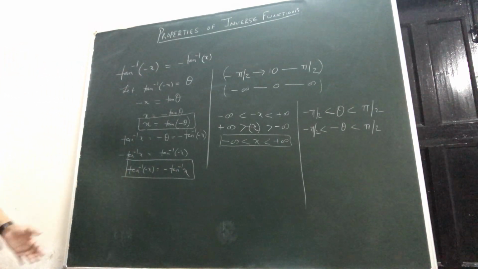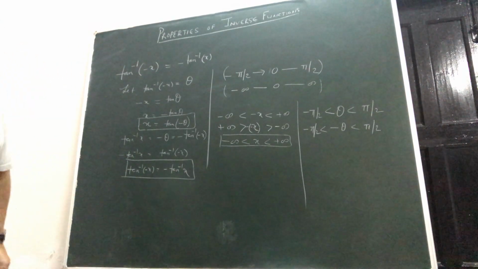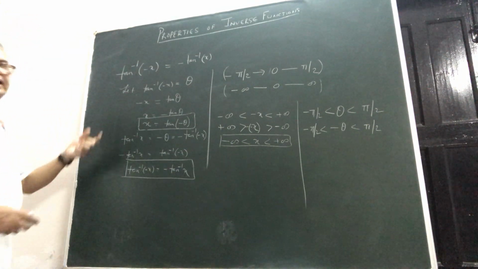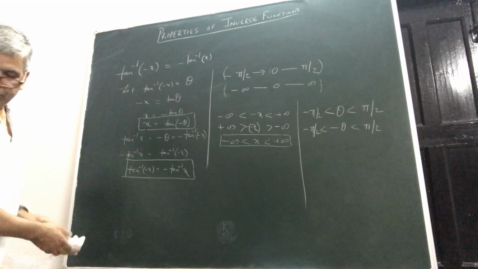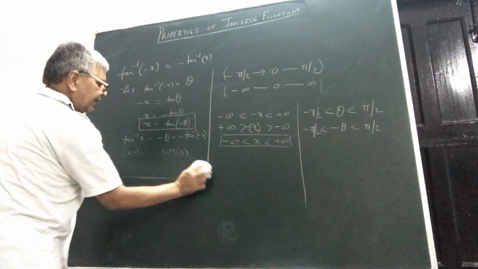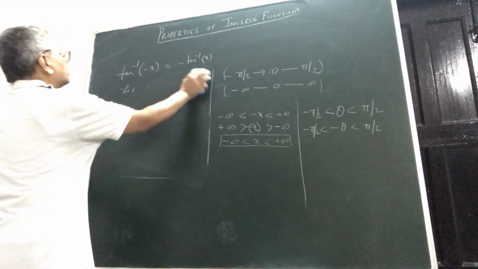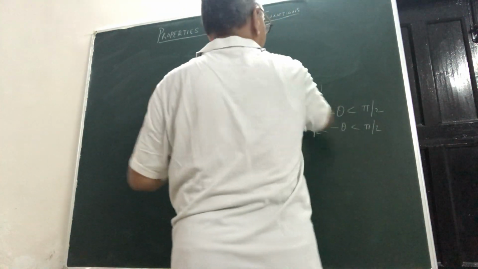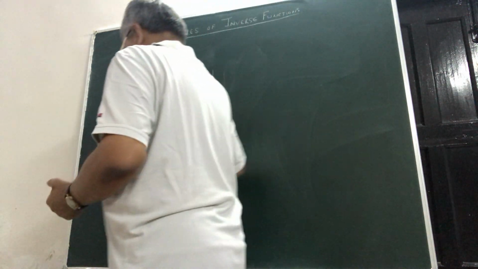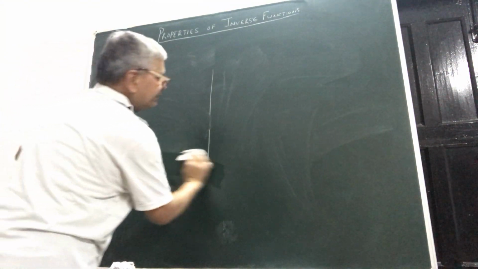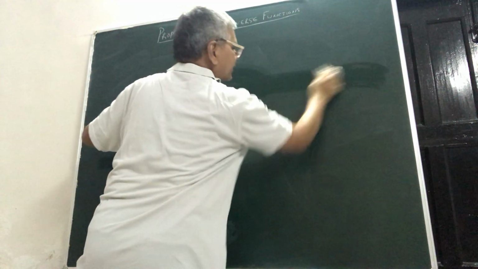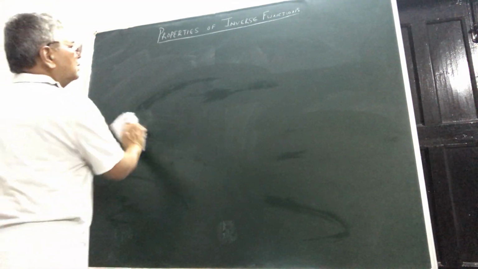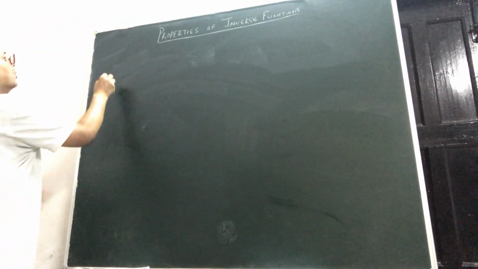Just to refresh you. Now see, we will take another example here, where the principal branch is from 0 to pi. Which are these functions? Cos, sec, and cot. So let us take sec.